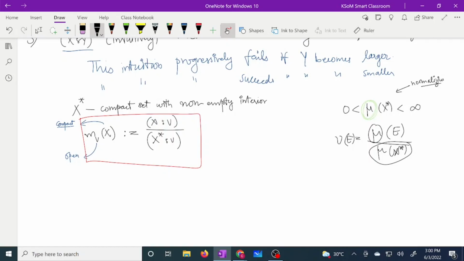Here, if you denote this measure as nu of E, then nu of x star is equal to 1, right? Because you will have mu of x star by mu of x star, which is equal to 1. So fixing a set which has measure 1 is equivalent to fixing the constant.